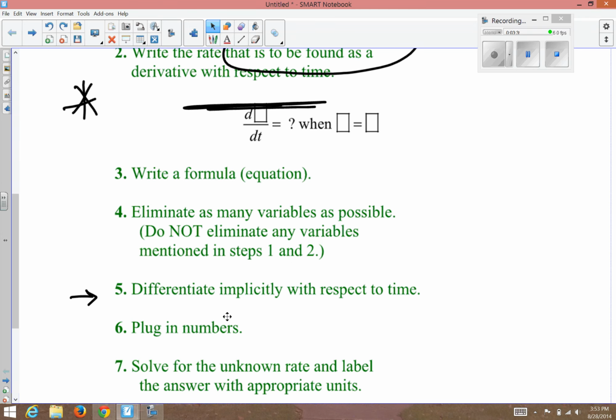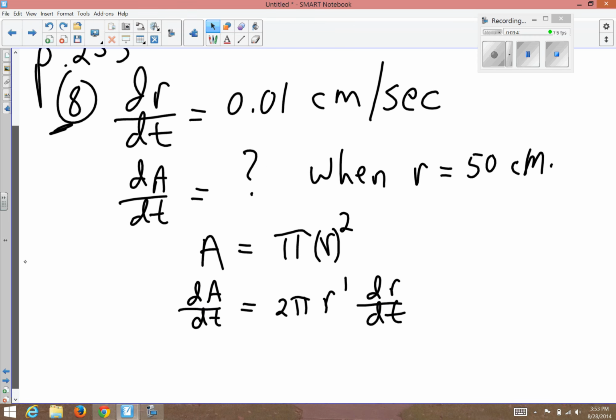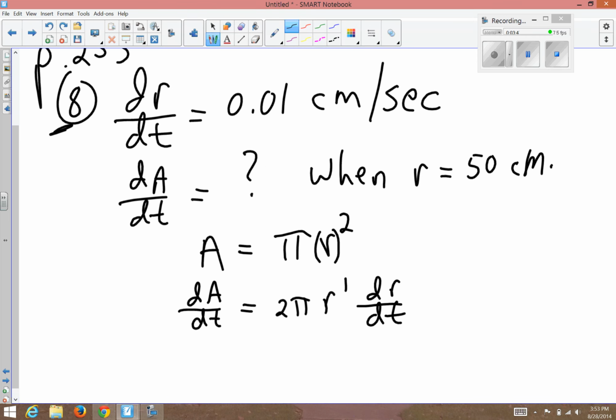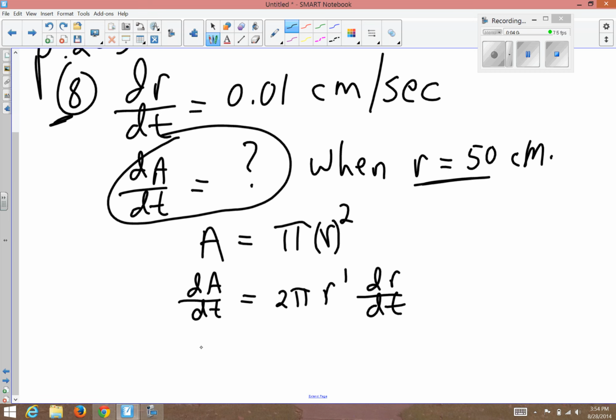And now we're up to step 6, plug in numbers. That means the dA/dt is going to be replaced with dA/dt, since that's what we're looking for. r is going to be replaced with 50, because we're trying to find dA/dt when r is 50. And dr/dt is going to be replaced with 0.01. So dA/dt is what we're looking for.